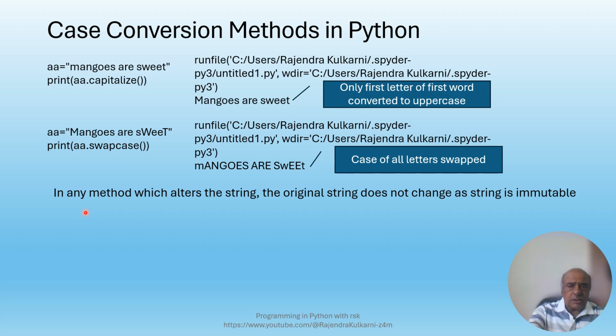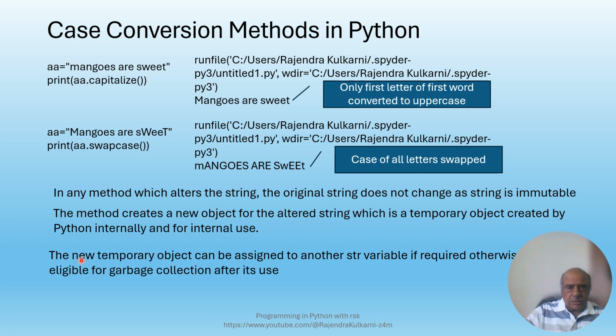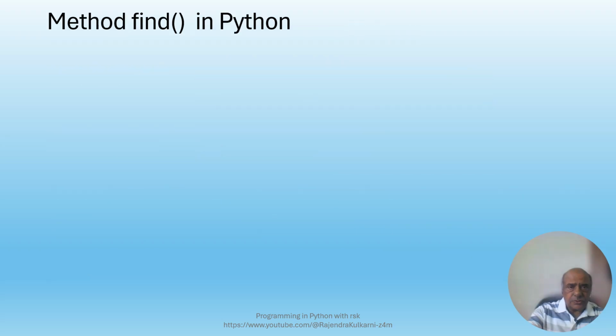So any method which tries to alter the string creates a temporary object, and that temporary object can be assigned to a new identifier if the programmer wants, otherwise that temporary object is eligible for the garbage collection system of Python after it has been used.